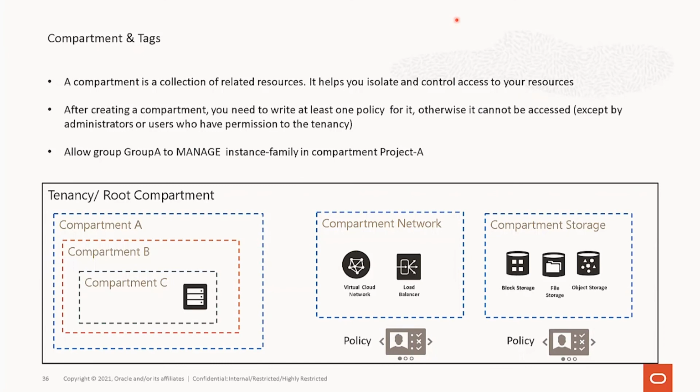Otherwise, it cannot be accessed except, obviously, by administrators or users who already have permissions to the tenancy. Here you can see a typical example of a policy granting access to manage instance family in a compartment called Project A. You can use compartments in different ways to build the governance model that works better for you.